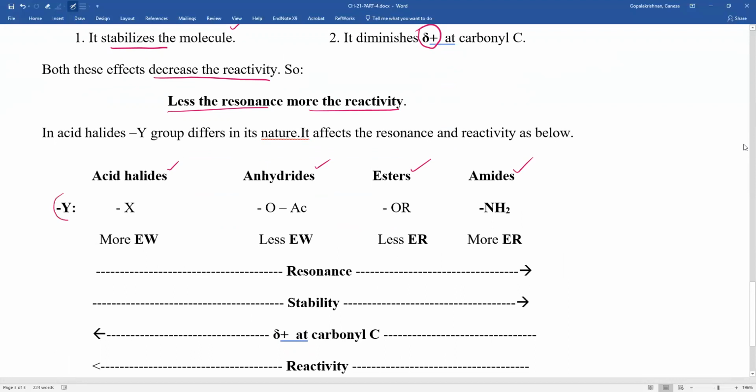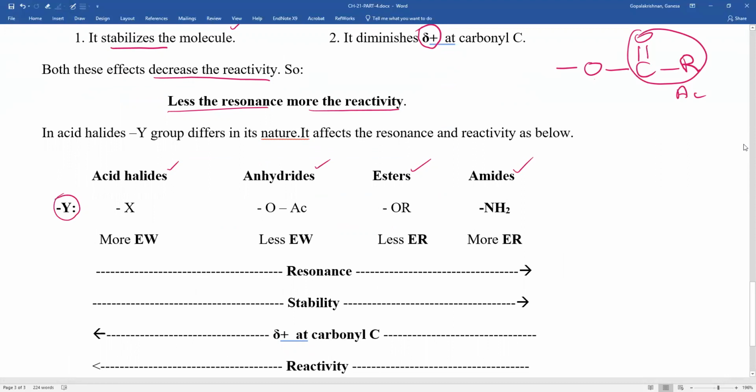I listed the Y groups here. In anhydrides, this is oxygen, and this is the Y-acyl group, which I wrote as OAc. In esters, it is the OR group. In amides, it is the NH2 group.